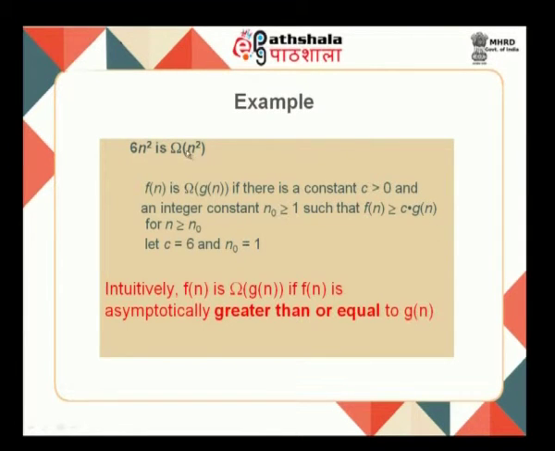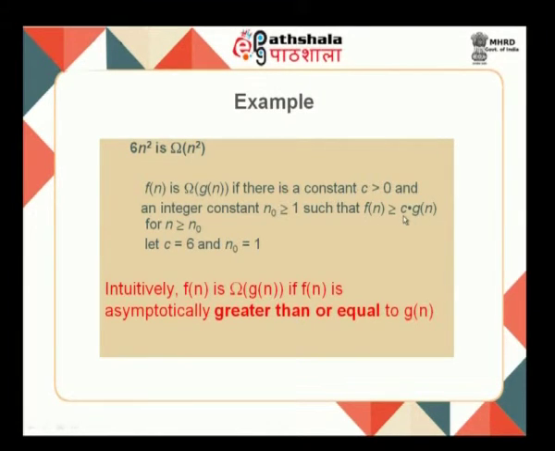g of n is going to be n square, so 6 n square is greater than or equal to c into n square. If I am able to find one instance where this condition holds good, then we can say that it is omega.